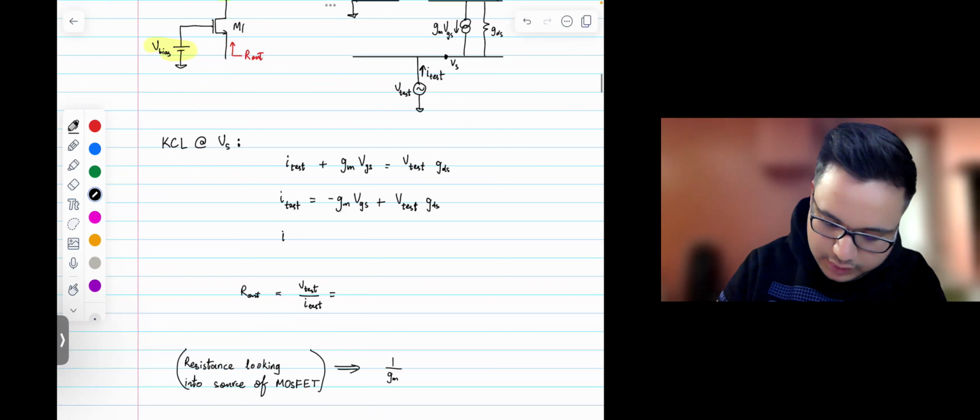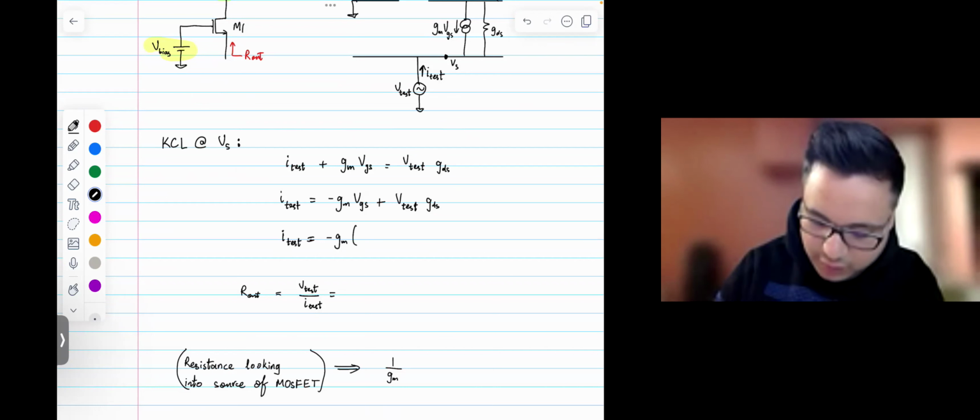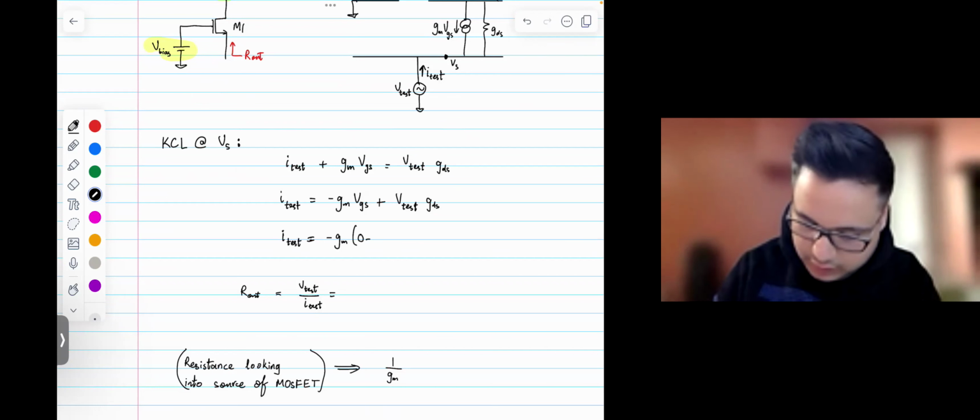And then Itest equals minus gm, and then Vg is grounded, and the voltage at the source is Vtest, and then plus Vtest gds.